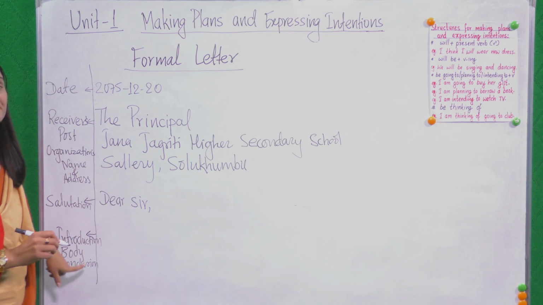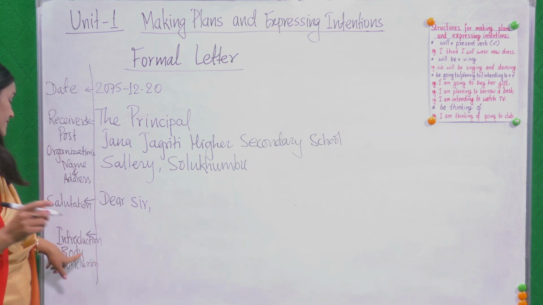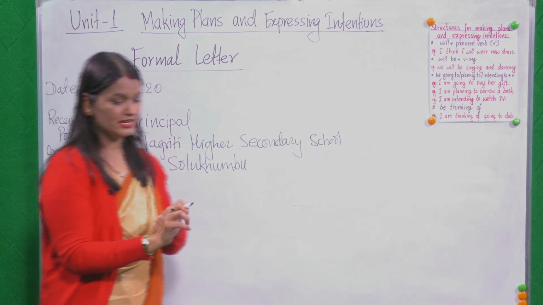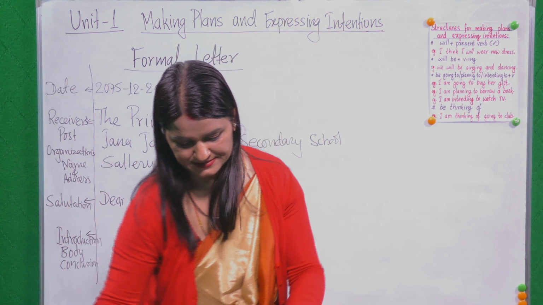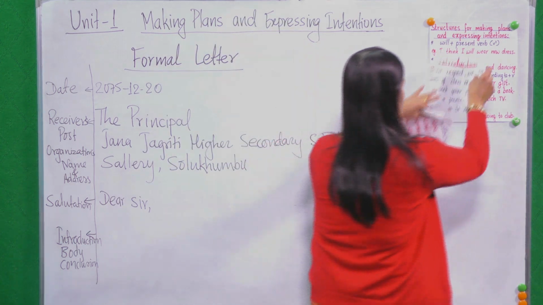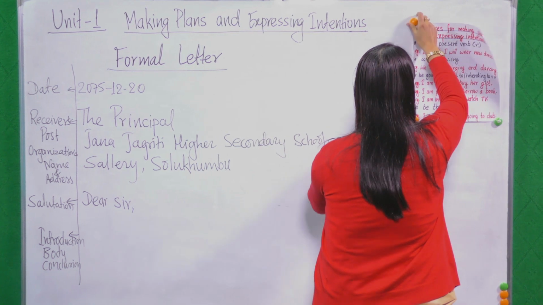So the body part we had discussed, I had read there from the book. Now the introduction and conclusion I would like to show from the chart. Look here, this is the introduction part.